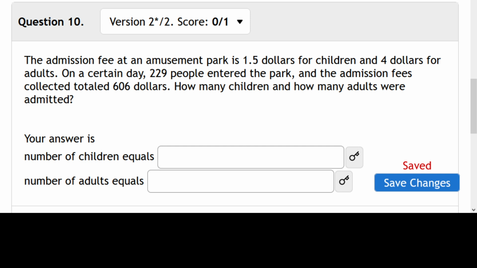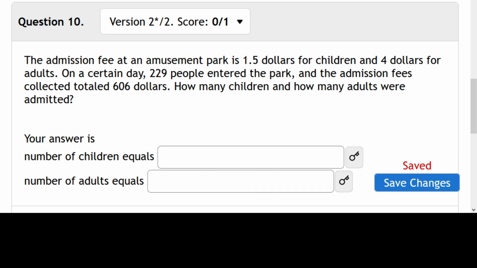And so they want to know how many adults and how many children were admitted there. So we have to read through this and try to understand what it is we're trying to look for.